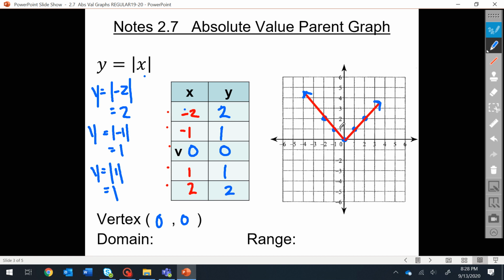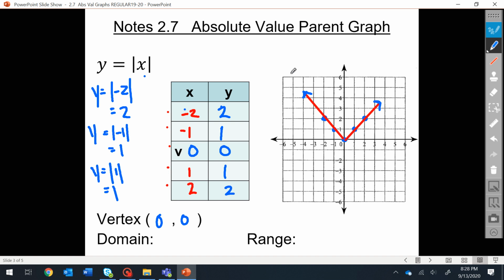All of our absolute value functions are going to look pretty much identical to this. Just the vertex will be somewhere else, and it may be skinnier or wider, opening this way, and it might open down as well. The domain is all of the x values, remember? We want to know the smallest x value and the largest x value, and it actually encompasses all x values.